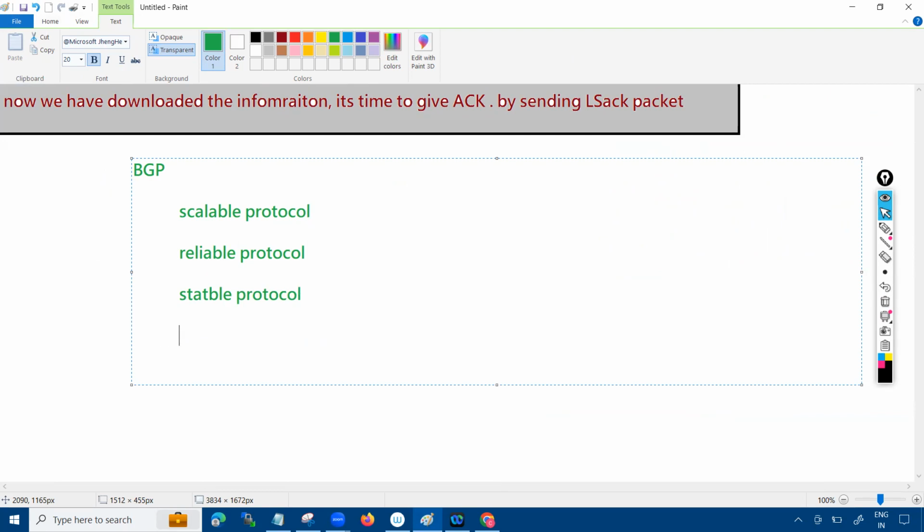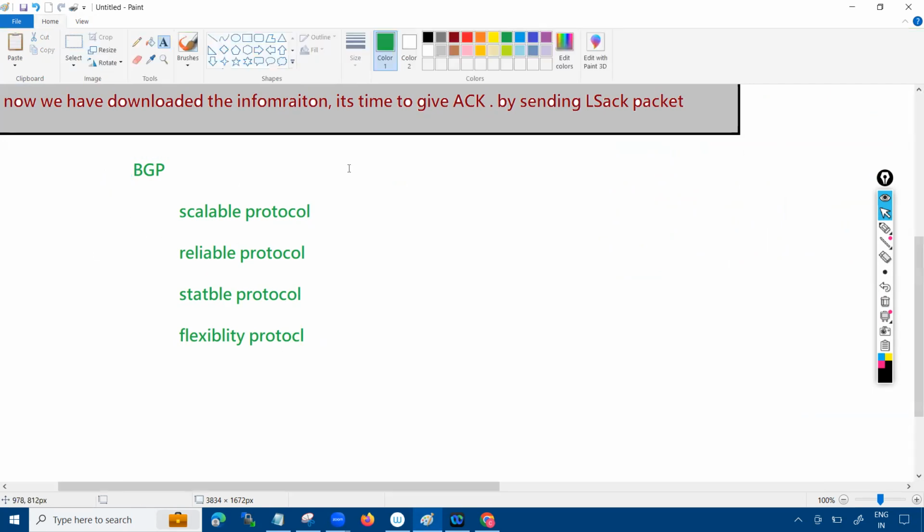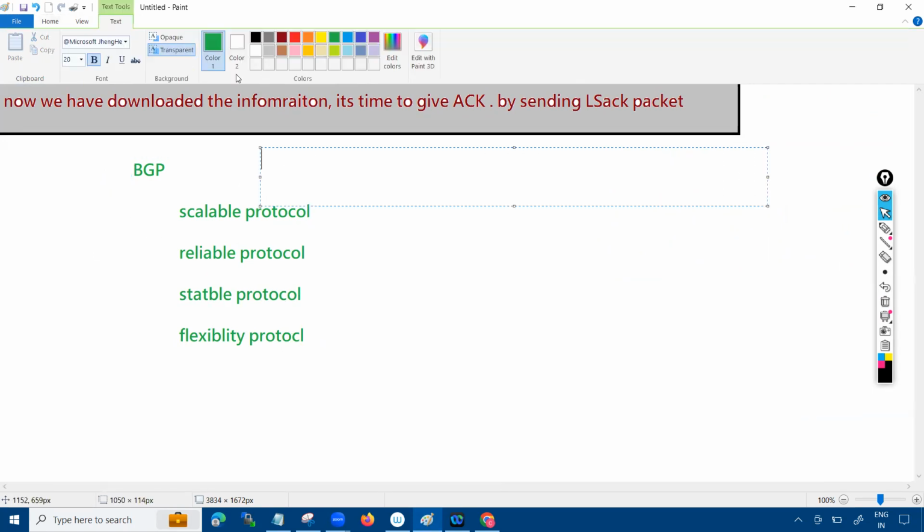And it's a flexible protocol as well because we have multiple ways to manipulate the route. It's the only routing protocol that uses TCP.